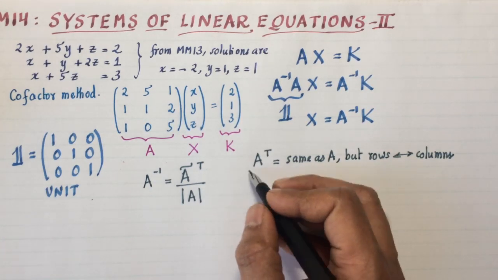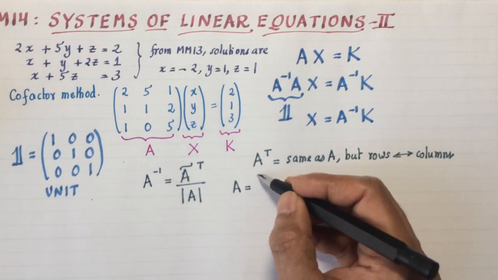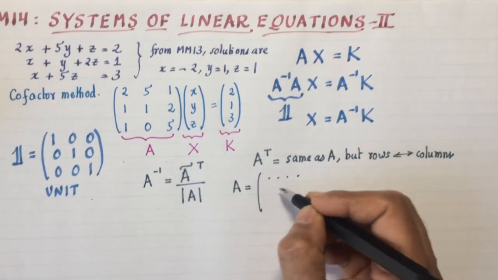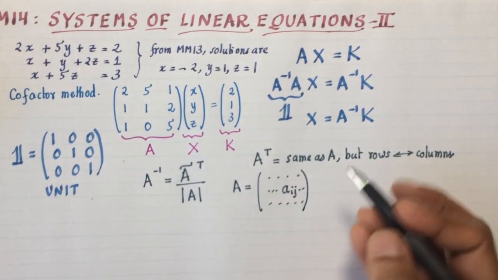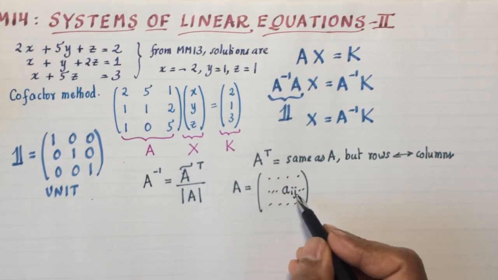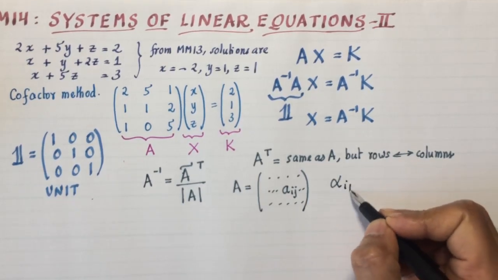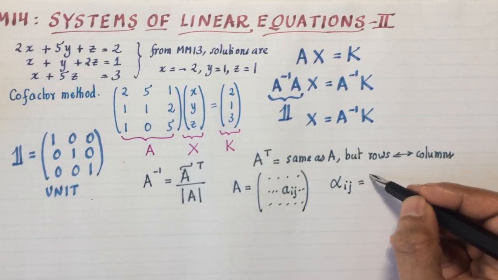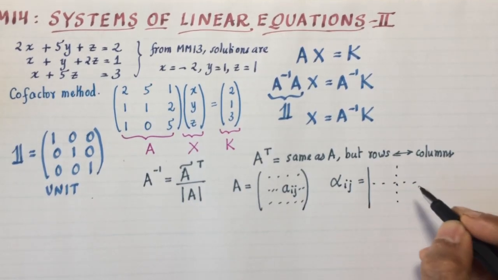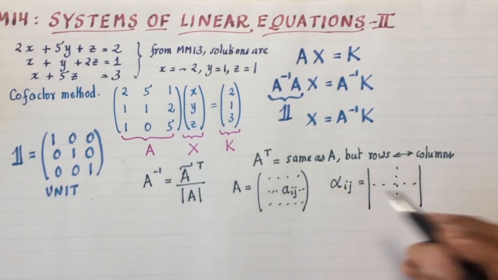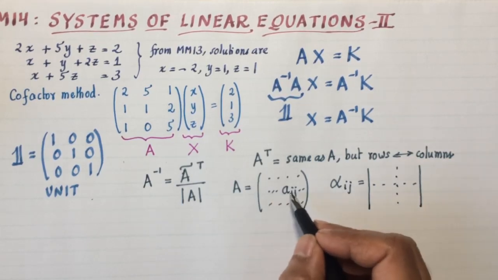So if the matrix A can be written as a bunch of elements, and the most general element is Aij, with ith row and jth column, then the quantity alpha ij is the determinant of a new matrix with the same rows and columns as the original matrix, except an entire row and an entire column which was controlled by Aij omitted.